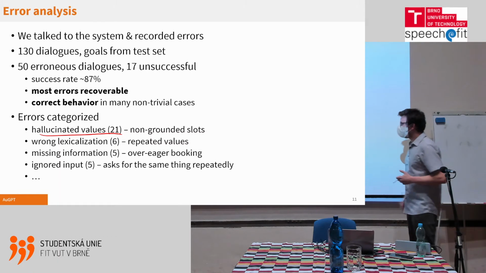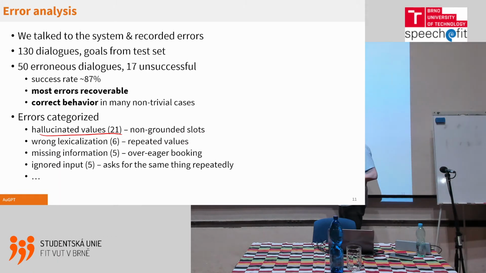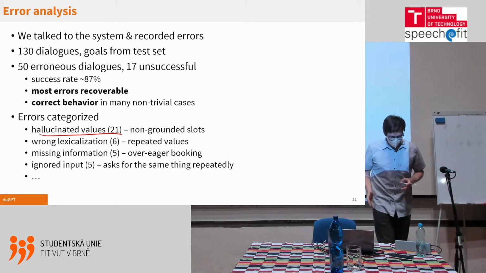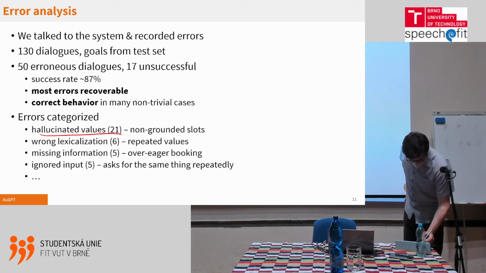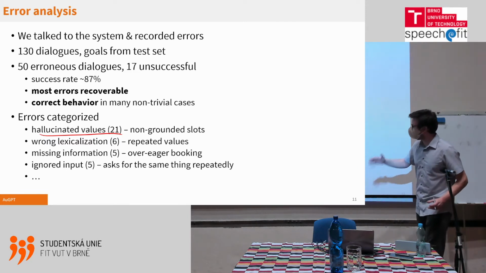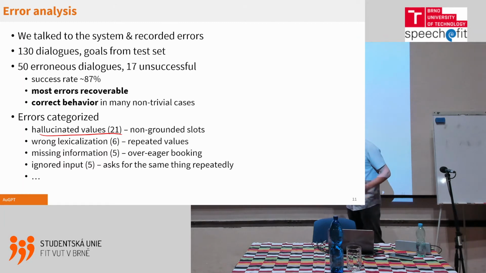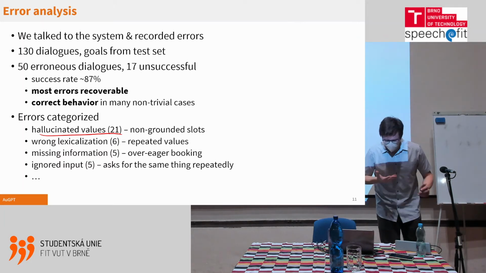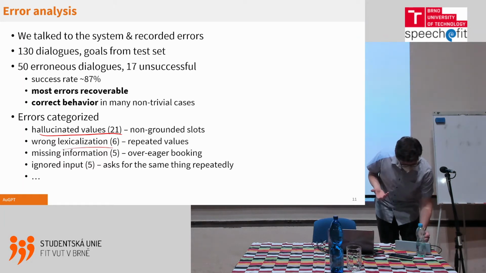That's the most common problem and it happens relatively often. In some cases, you get something like "I found Chinese and Chinese restaurants", so basically just repeated values. It's just not fluent, and it doesn't matter too much.